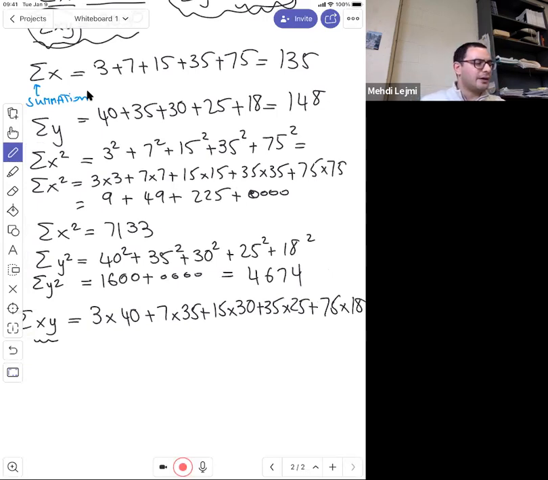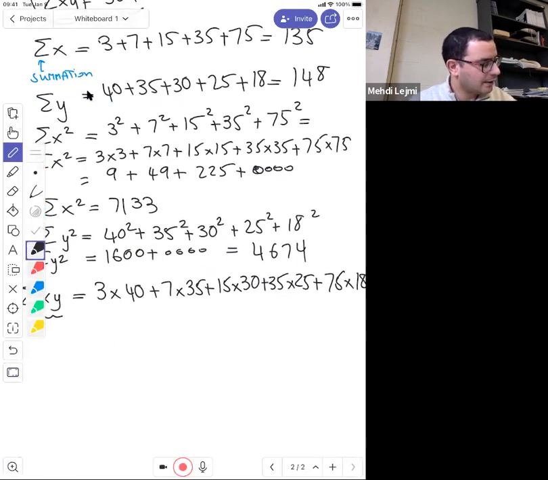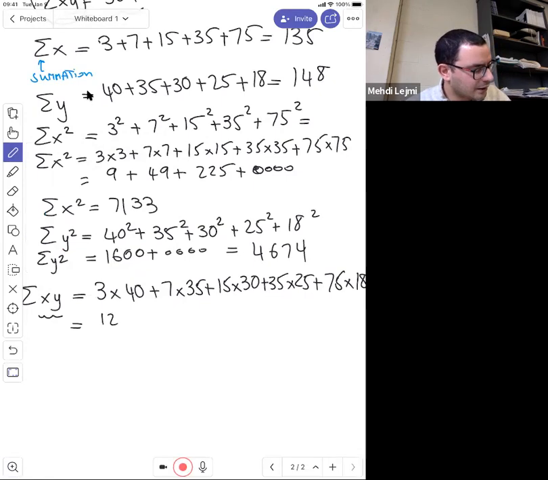Here there are only two operations, addition and multiplication, but of course we do multiplication first. So 3 times 40 is 120, and 7 times 35 is 245, plus 15 times 30, that's 450, etc.